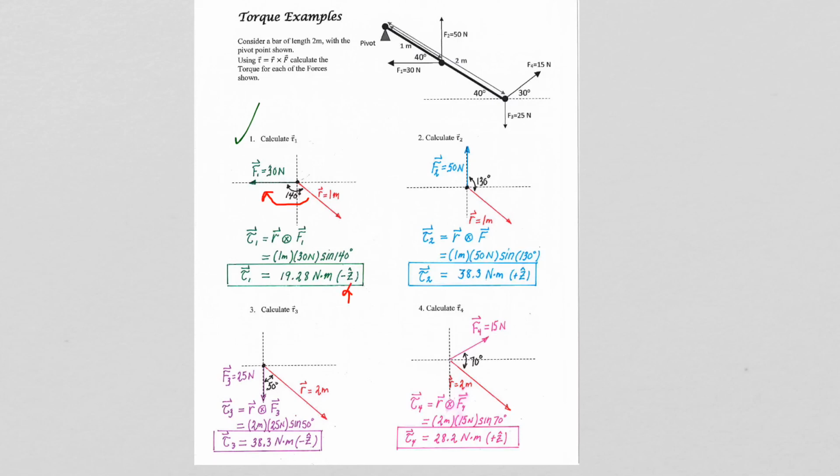So we'll go over these in class as well to make sure everyone is doing the R cross F and can get whether it's a positive or negative z-hat correct into the problem. But the most important thing is that you embrace R cross F and cross product to calculate torque. You don't want to have to worry about lever arm distances and force tangents.